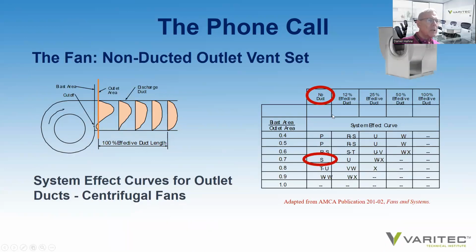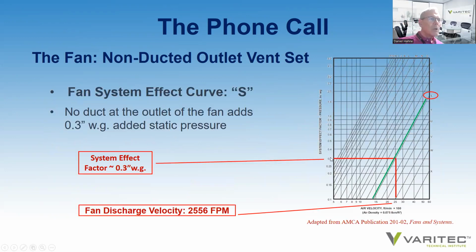So consequently, we go to AMCA 201 charts for rectangular outlet utility vent sets. We look at the blast to outlet area, 0.7. There's no duct at the discharge of the fan. So consequently, to assess the static pressure gain due to system effect, we use system effect fan curve S. Looking at the 201 system effect fan curve chart, we look for the discharge velocity of the flow.